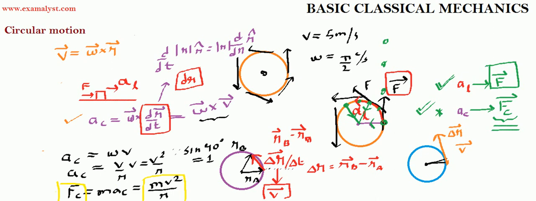The fact is, this is not a true relation, because v is also a function of r. The true relation is when I can write the centripetal force equals some constant into r. So this was actually omega v, and there will be another expression, v equals omega r.